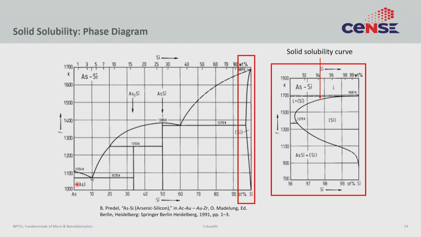If you take the phase diagram between arsenic and silicon and look at the pure silicon corner, supposing you look at this line, this is the solidus line, but if you zoom in, what you actually see is exactly the solid solubility curve, because this is the amount of arsenic that can dissolve inside the silicon while not phase segregating. This is the maximum amount of homogeneous dissolution of arsenic inside silicon. The solid solubility curve is nothing but this line in the phase diagram.